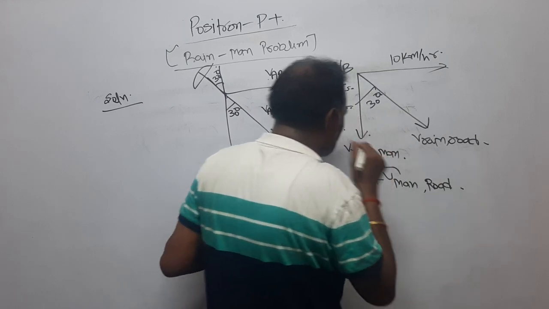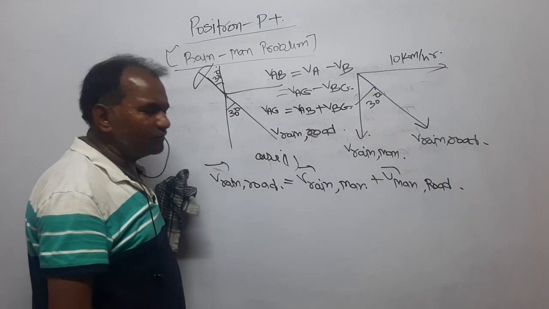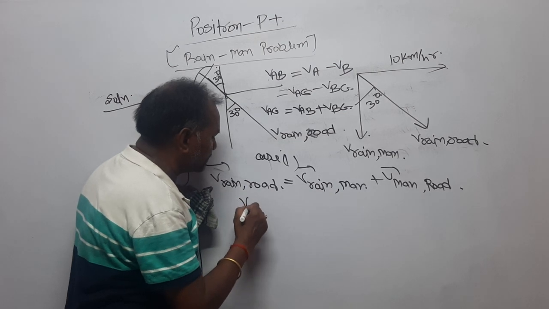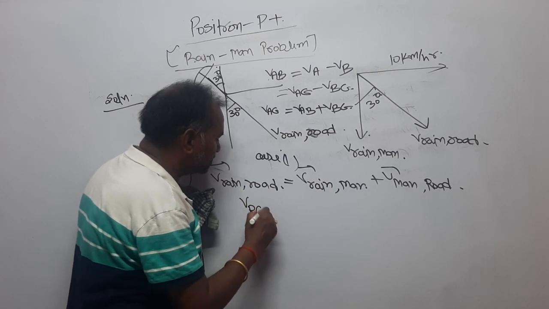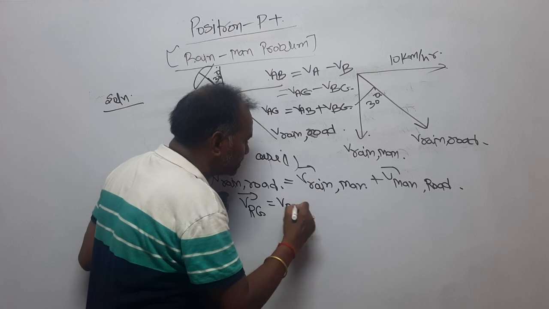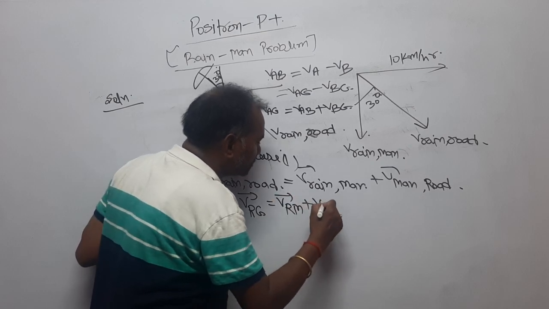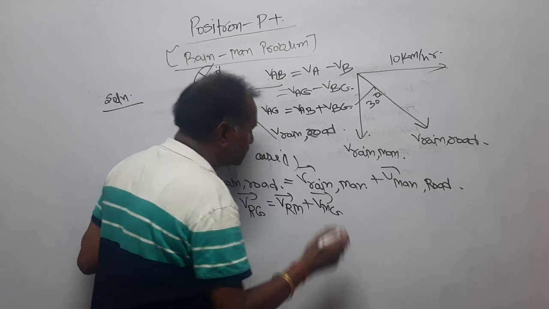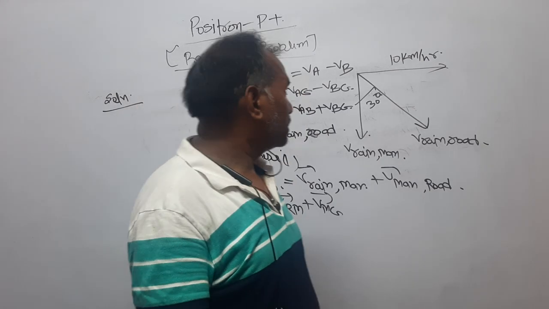Or in short form, velocity of rain with respect to road or ground is equal to velocity of rain with respect to man plus velocity of man with respect to ground. I am writing like this.